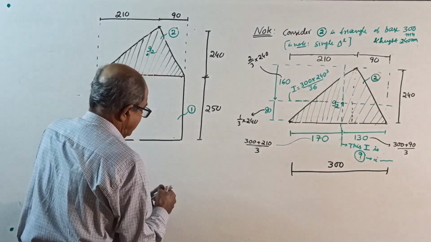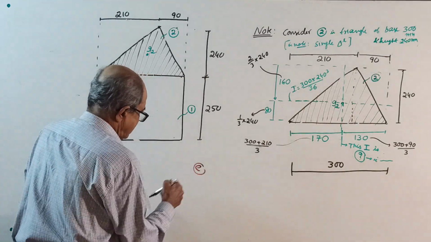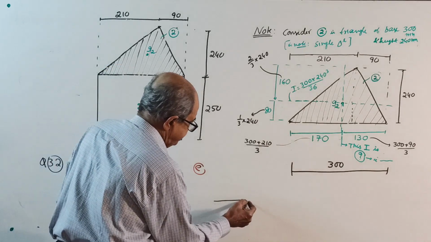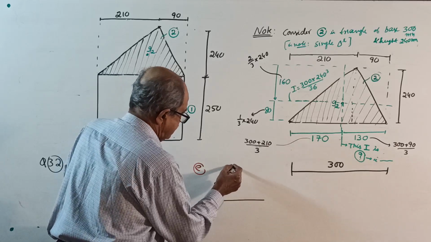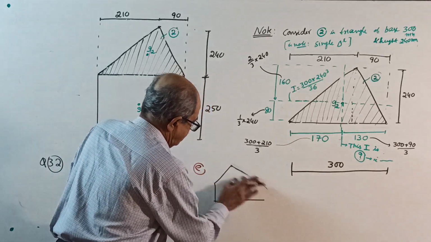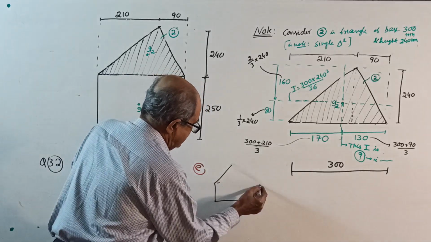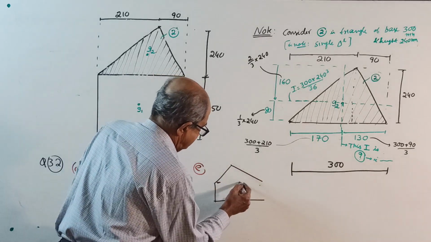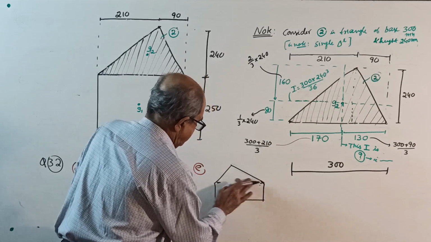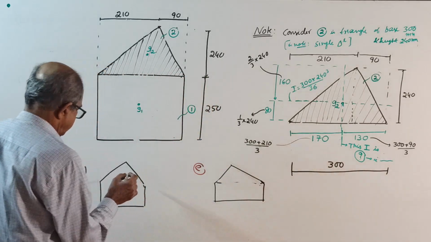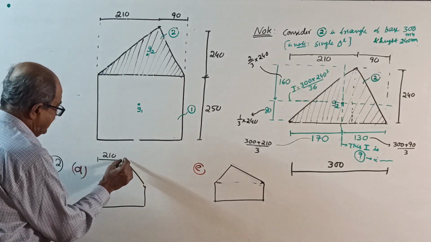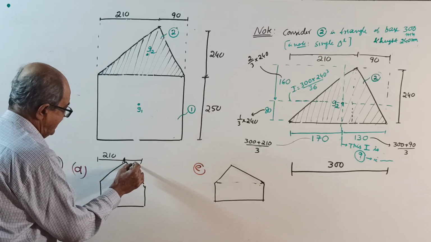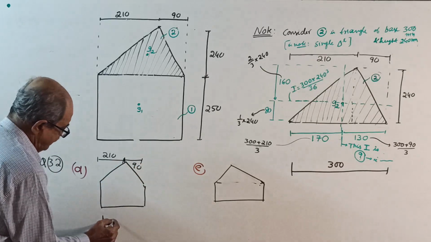E is, see, I put E here. Okay, that's okay. Out of scale, this way. Now, here, this is 210. I now remember the answer. 210 up to here. This is 90. The total base is 300.